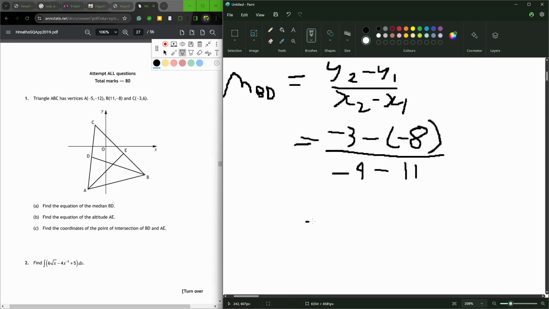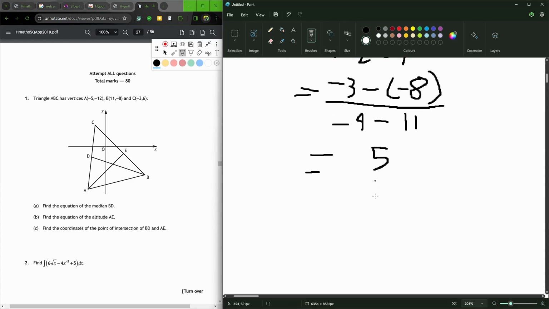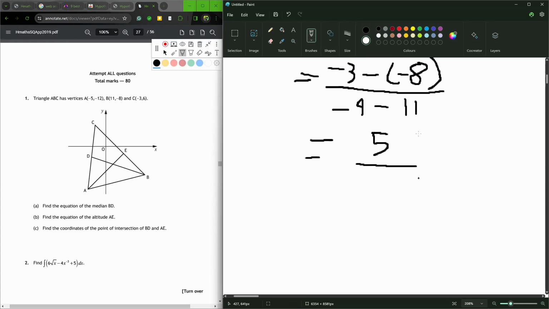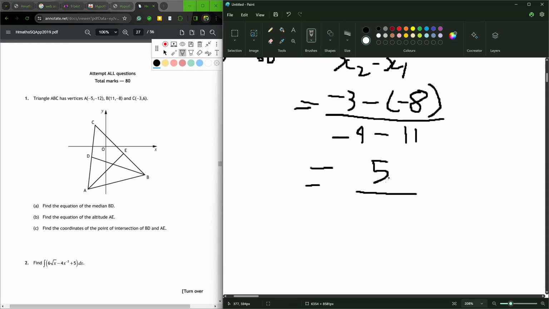Let's compute this through. Minus minus, that's going to be a plus. So minus 3 plus 8, that's got to be 5, right? Because it's just 8 take away 5, essentially. And then minus 4 take away 11 is effectively the same as minus 11 minus 4, which means it's going to be minus 15.